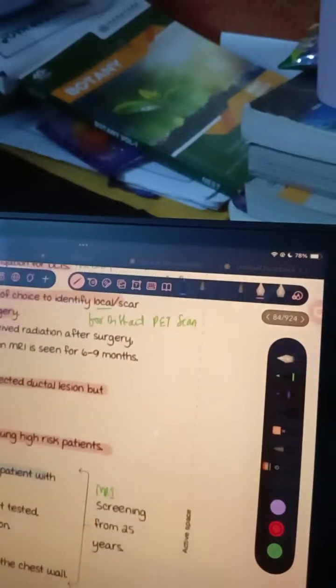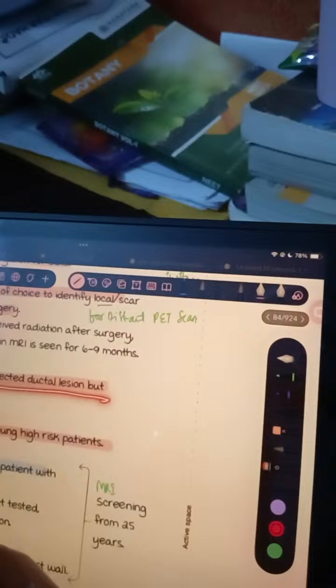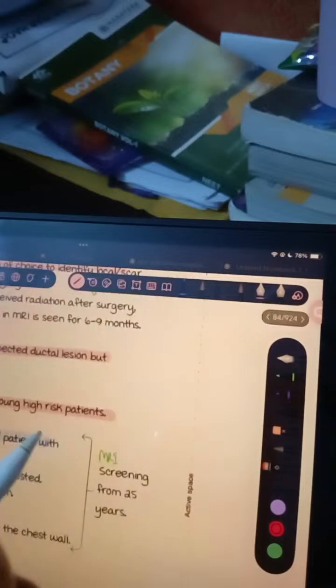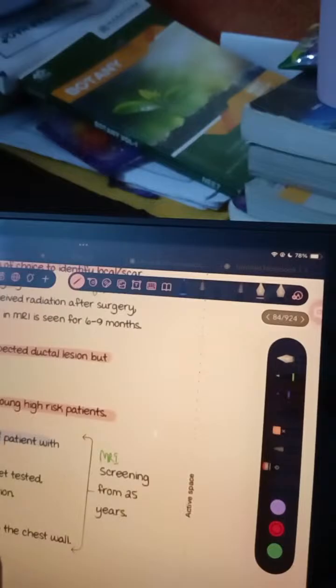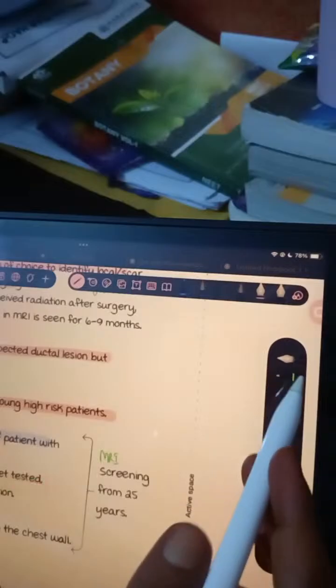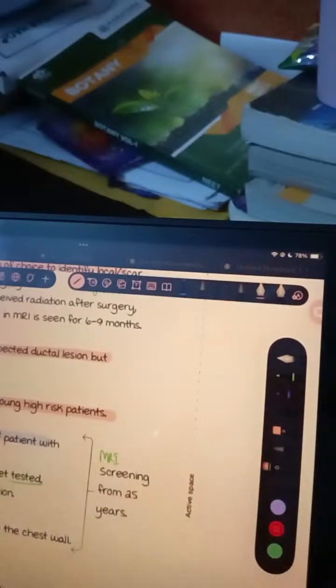PET scan is for distant disease. And in a patient with suspected ductal lesion but inconclusive USG, they have to undergo MRI. And MRI is the screening modality for young high risk patients: first degree relative of a patient with BRCA mutation who does not want to get tested, patients with BRCA mutation, syndromes, history of radiation exposure to chest wall.